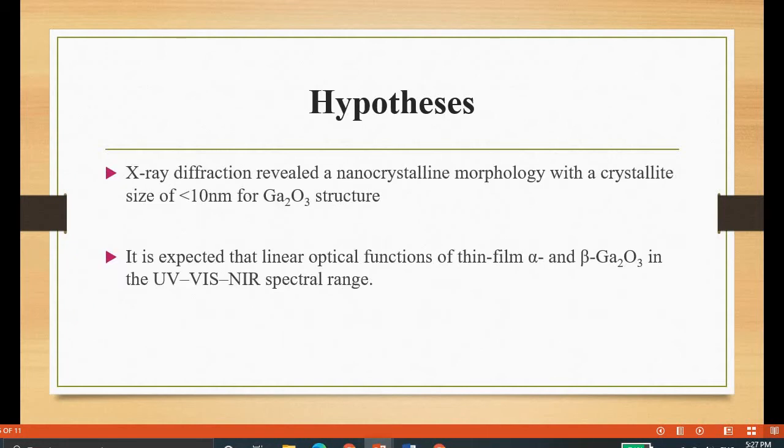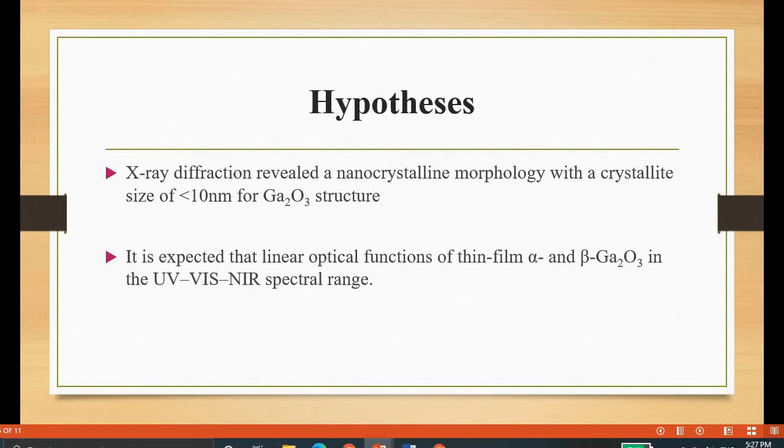For the hypothesis, in my opinion, when using different fabricating techniques, it will eventually affect the characterization of the gallium oxide thin film.